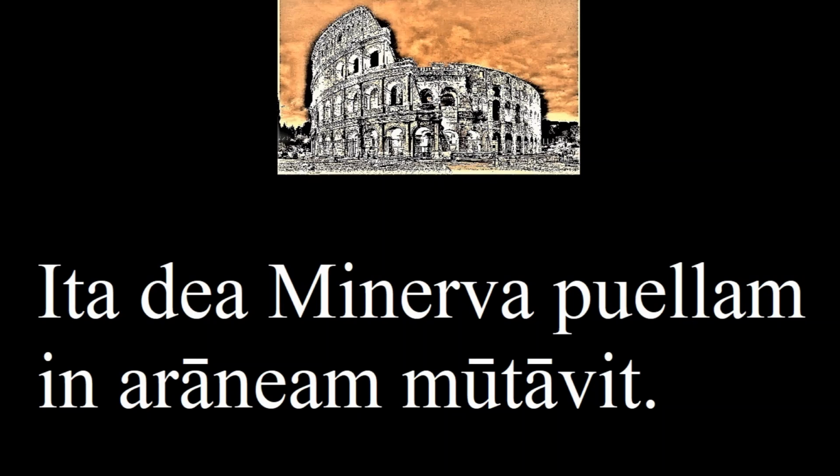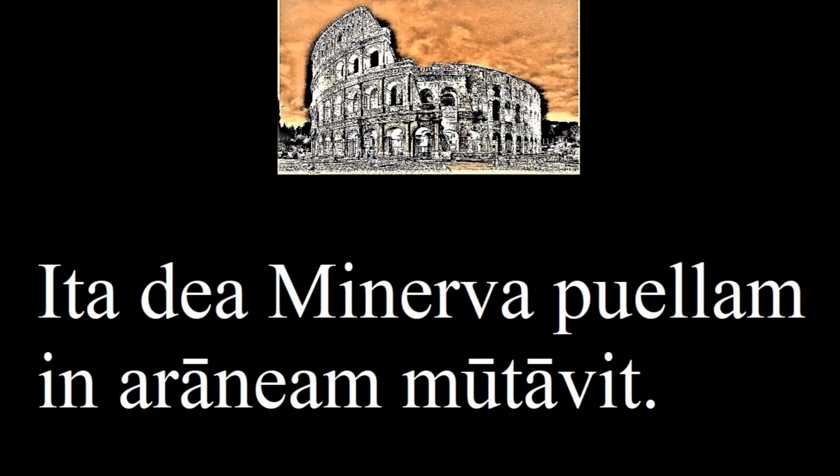So the goddess Minerva changed the girl into a spider. The word Arachne means spider in Latin, but the word arachnid is derived from her name instead of the Latin word. This story was meant to explain how spiders acquired their web-spinning ability.